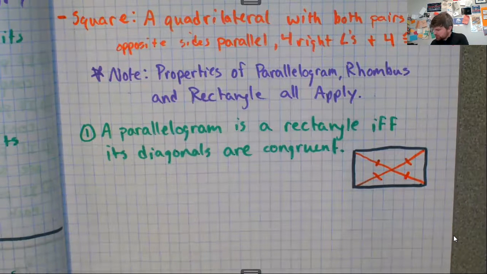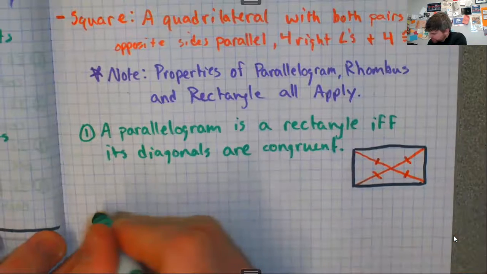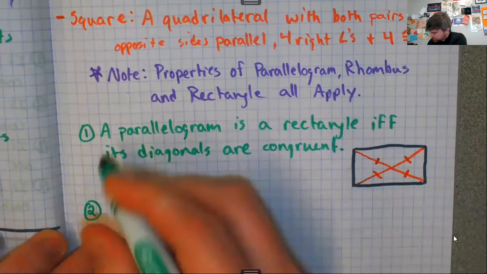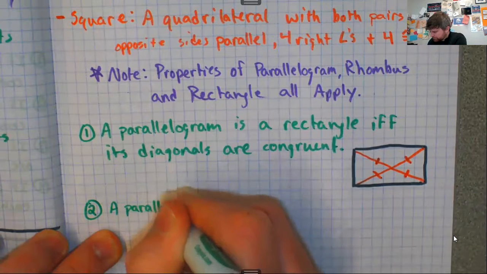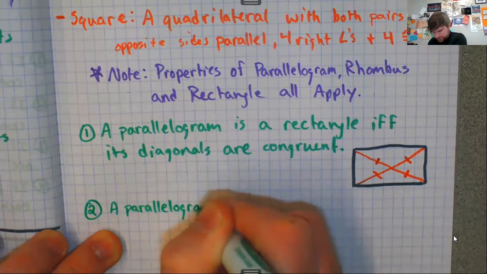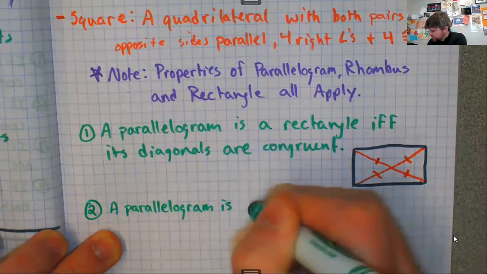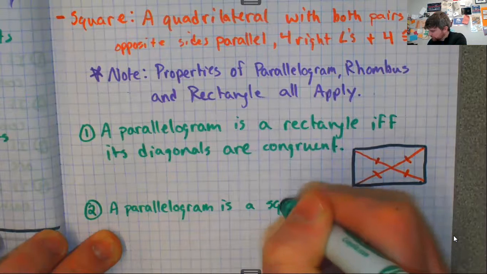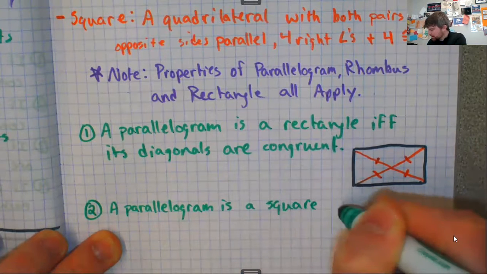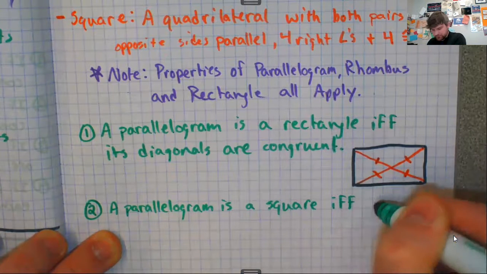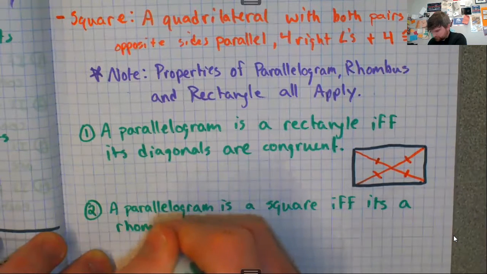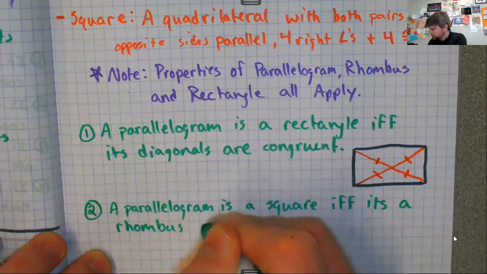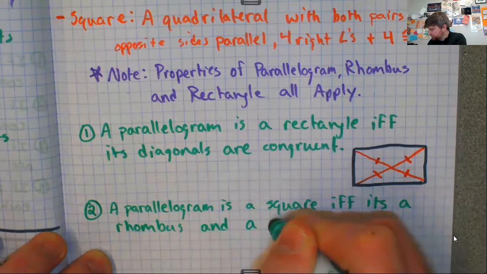Okay, and the second one here, number 2, a parallelogram is a square if and only if it's a rhombus and a rectangle.